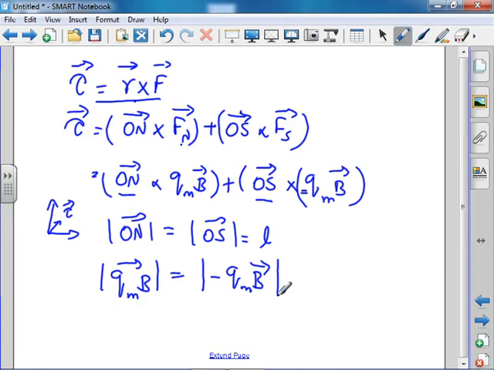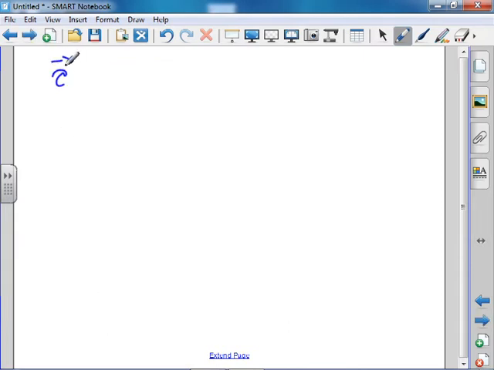So let us calculate the torque. By substituting the values here, what will you get? Tau is equal to L into QMB sin theta.